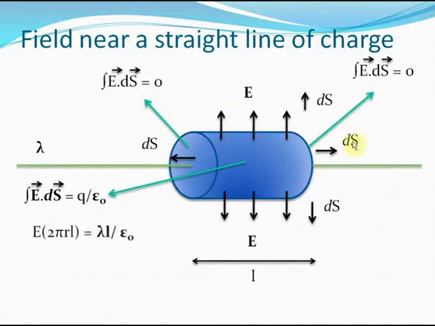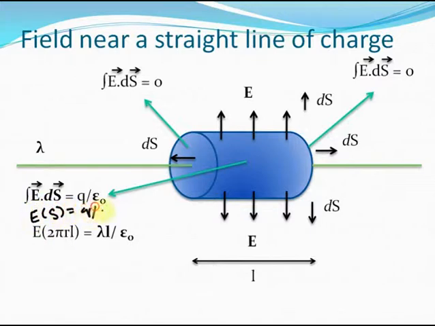So just as in the previous case of a point charge, in this case also we will say that E into the Gaussian surface's area is q by epsilon naught. That's because E and ds are parallel for the curved surface and E is constant throughout the curved surface. So we will simply write E into S equal to q by epsilon naught.